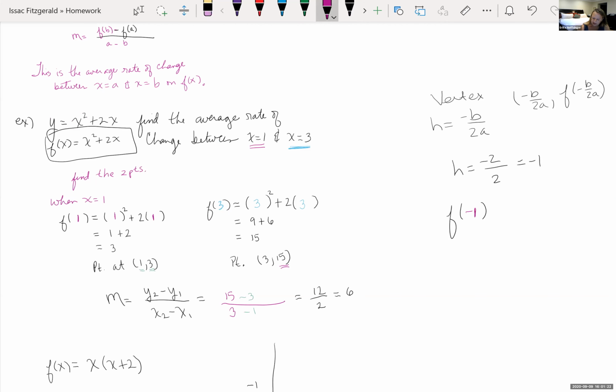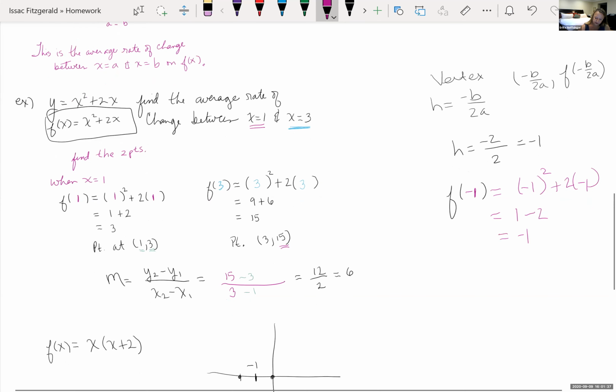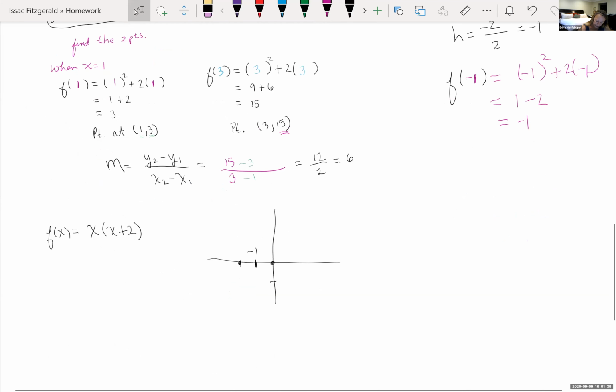So I see an x, square it, plus 2. I see an x. Let's plug in -1, we get 1 minus 2 is -1. Okay, just wanted to graph it really quick. We also found 2 points up here. We knew that there was a point at 1, 3.